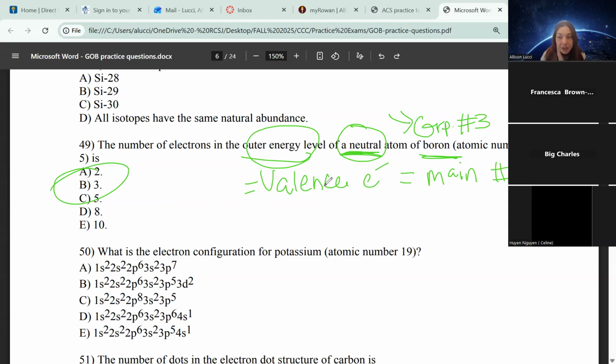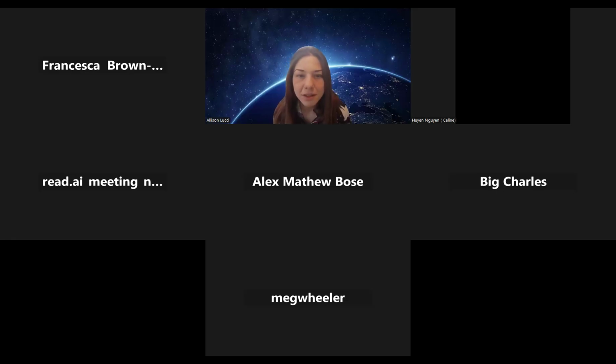Electron configuration. We looked a little bit at this. So potassium. We would go to our periodic table, and I'm actually going to go there for a second because it's easier than just talking about it. So let me go back to the cover of our booklet here, and there we go.